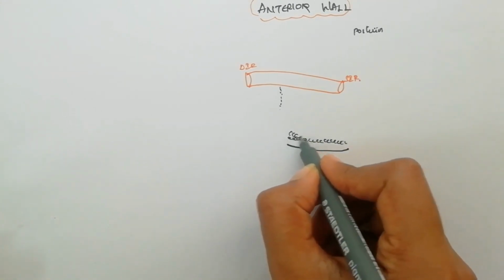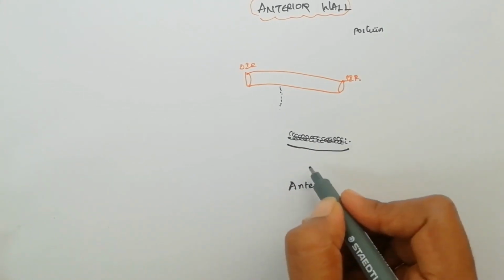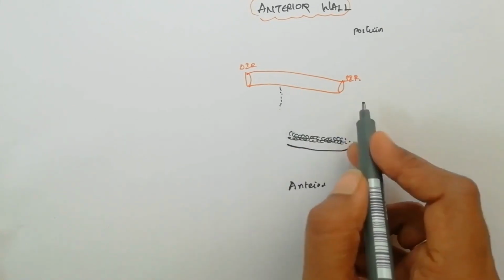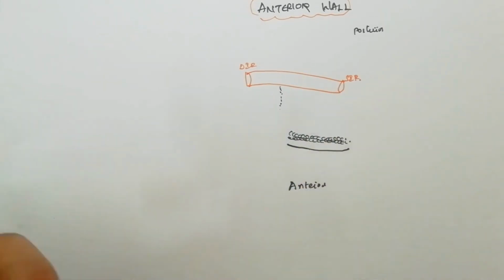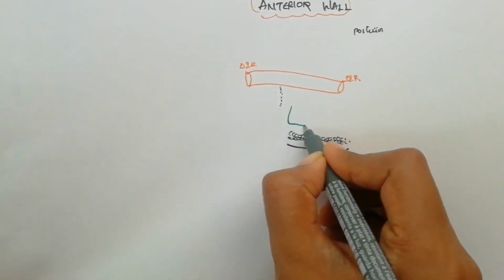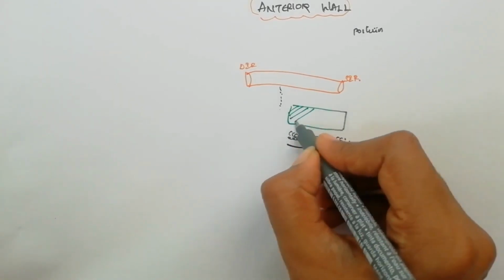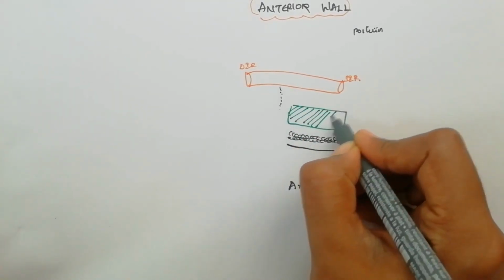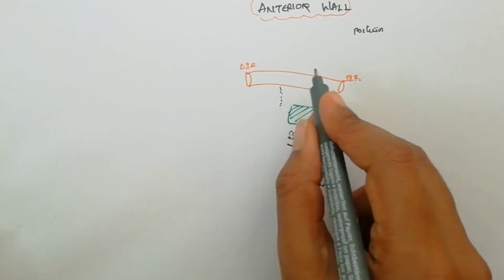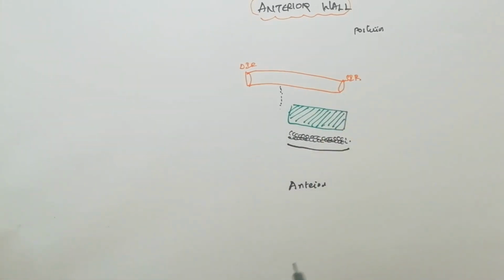Then we have the aponeurosis of the external oblique abdominis muscle, the muscle of the abdomen, which forms an aponeurosis in the anterior medial aspect. That aponeurotic part forms the anterior contribution.